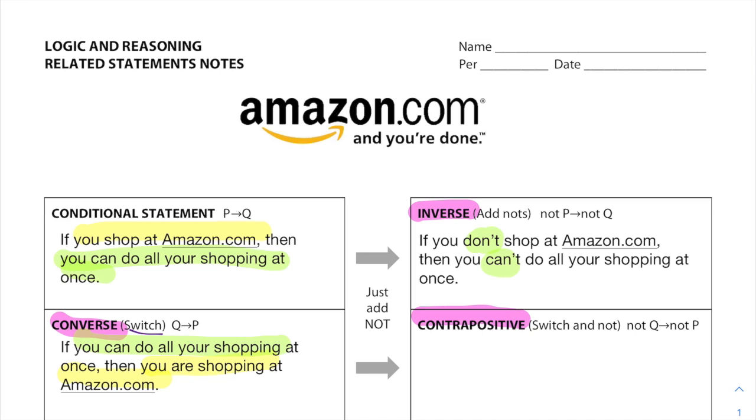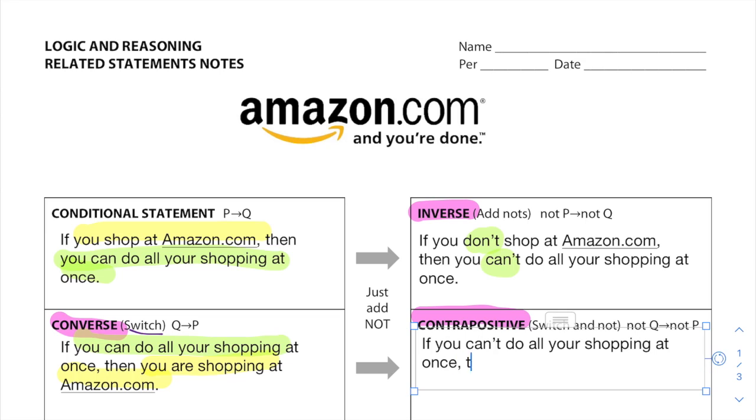Okay, and the last one is contrapositive. This is basically both the converse and the inverse. We're going to switch the order, and we're going to also add nots. So I'm going to say, if you can't do all your shopping at once, then you aren't shopping at Amazon.com.